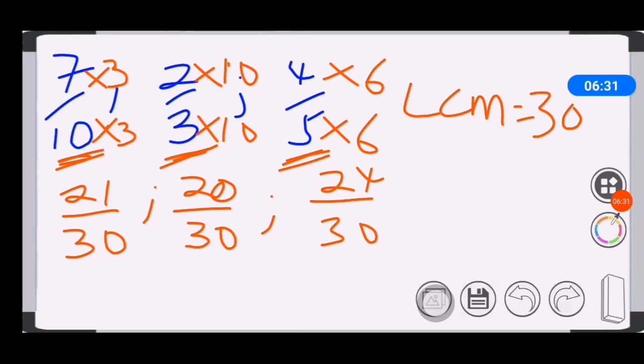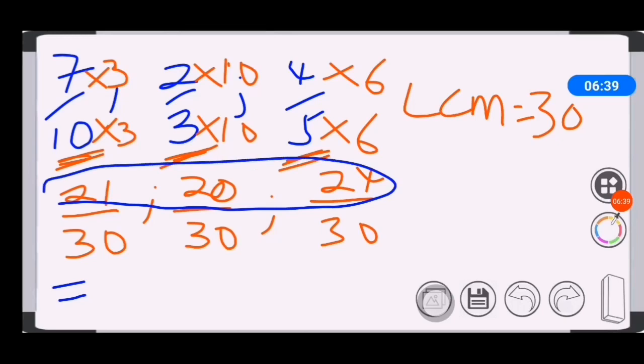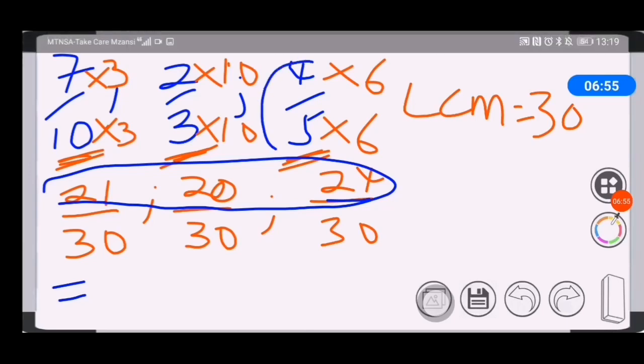So finally, we arrange these to get our answer in descending order based on the numerators, the top numbers that we got here. From the numerators, which one is the biggest? It's 24, right? Which fraction in the question corresponds to this fraction which has 24? The fraction in the question is 4 over 5.